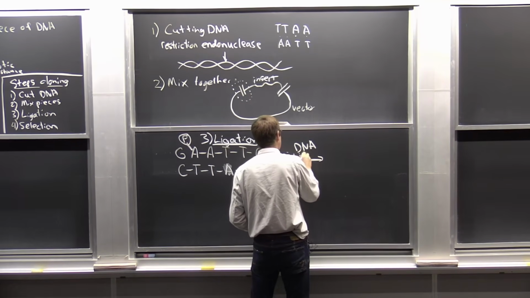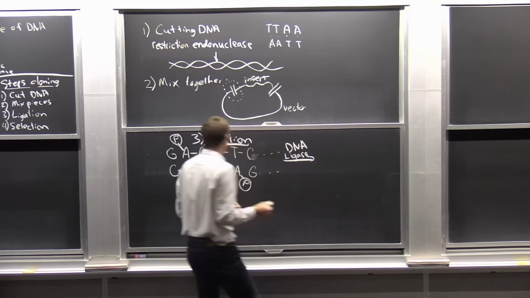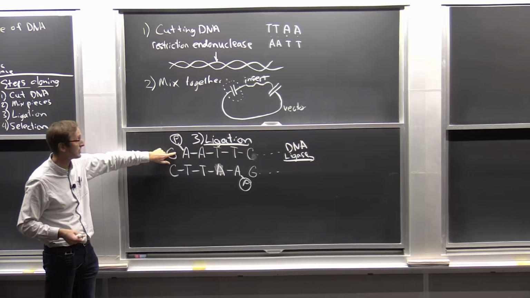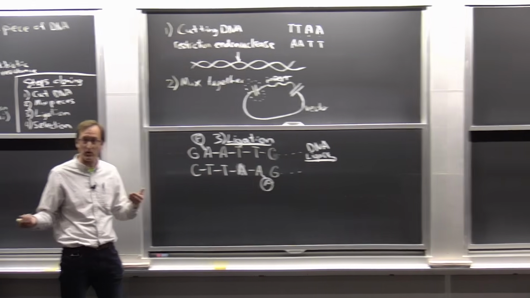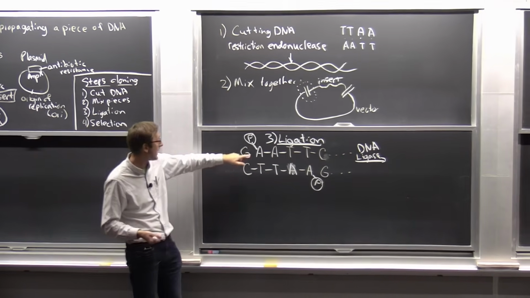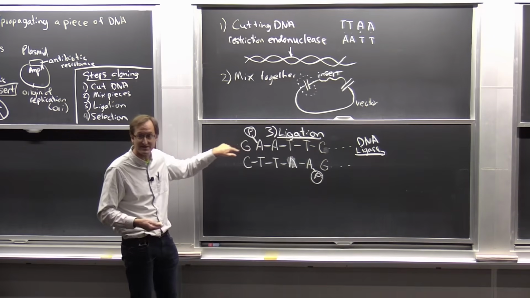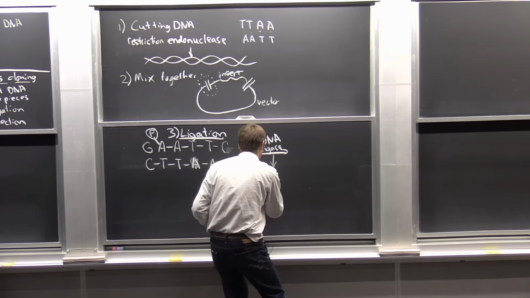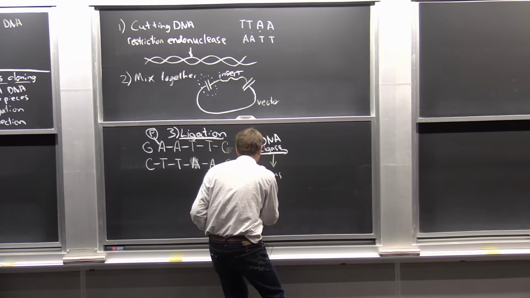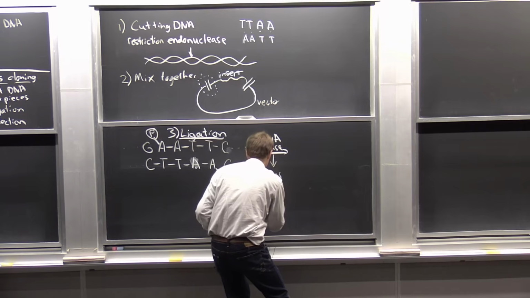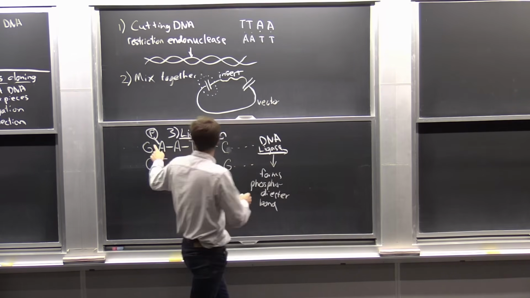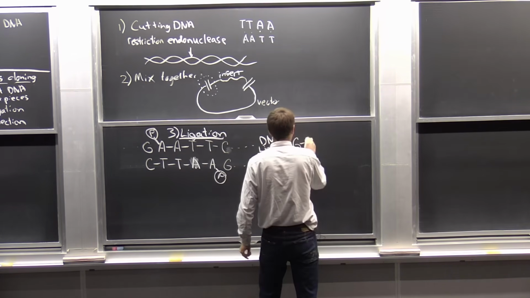So DNA ligase is an enzyme that, if you have a free 5' phosphate here and a free 3' hydroxyl, will catalyze the formation of a phosphodiester bond between these two bases in the DNA. Okay, so this DNA ligase forms a phosphodiester bond. And you go from having no bond there to having a bond.